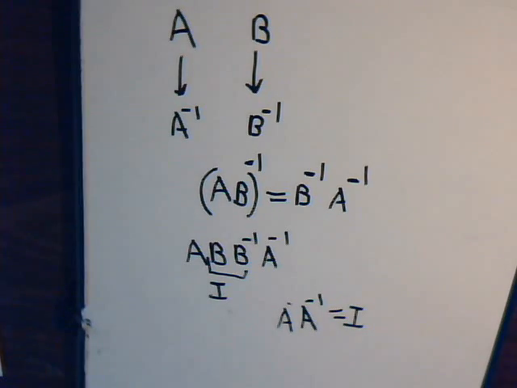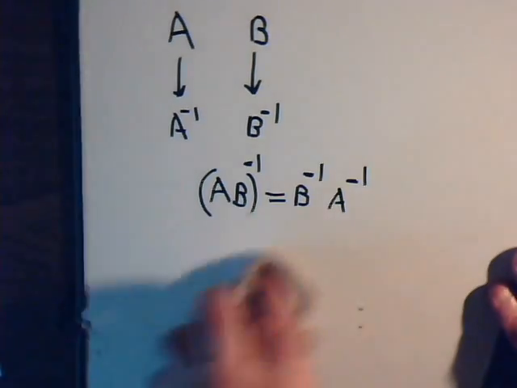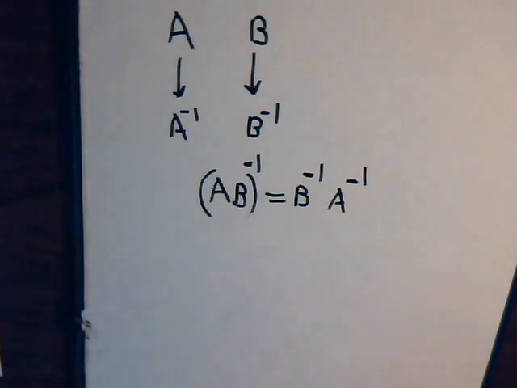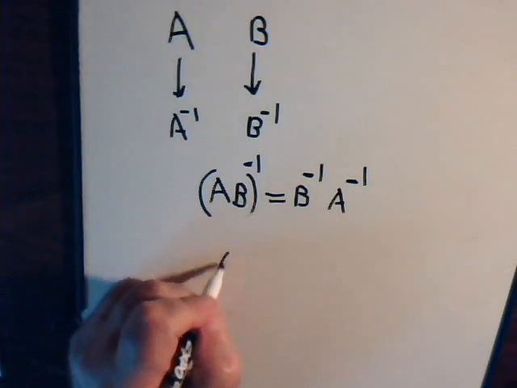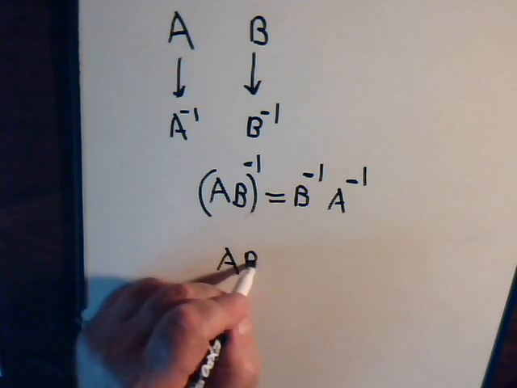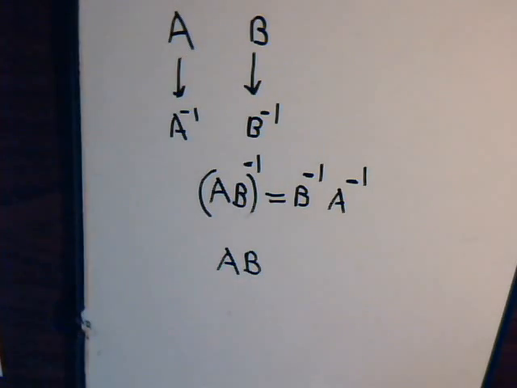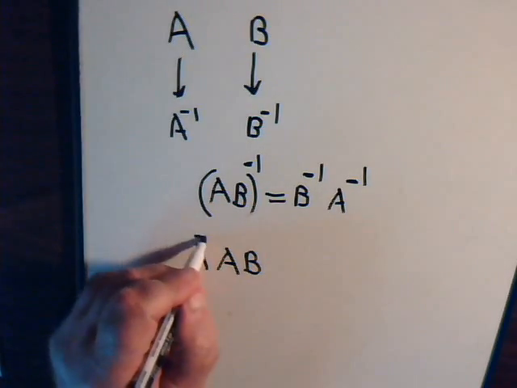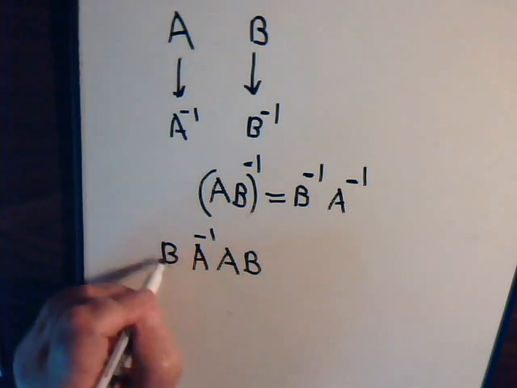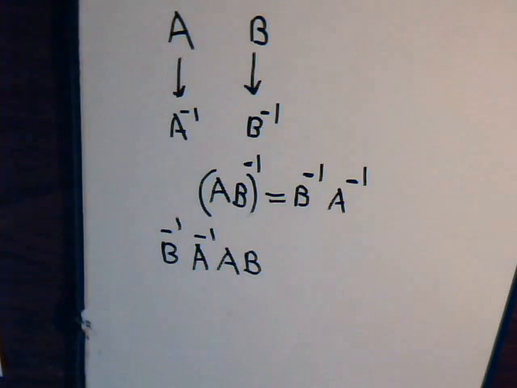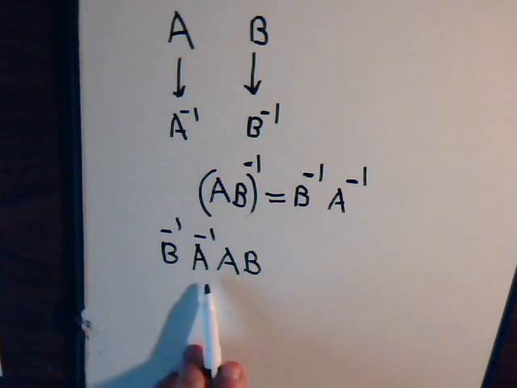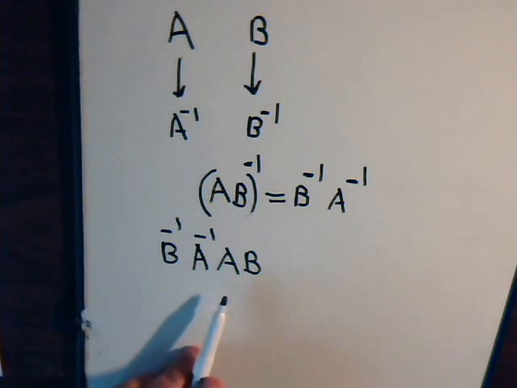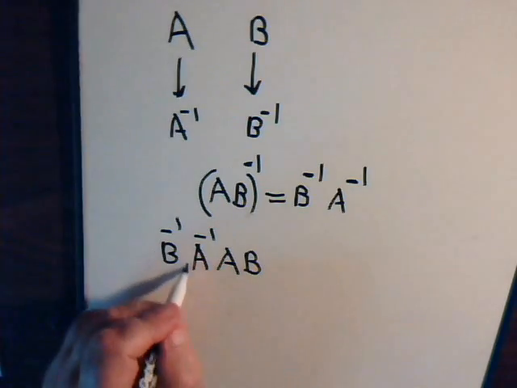Now, suppose that we have this, AB, and we multiply it by its inverse on the left side. Then we would have A inverse B inverse. And of course, this right here is the identity matrix.